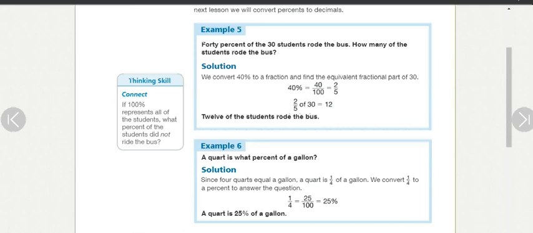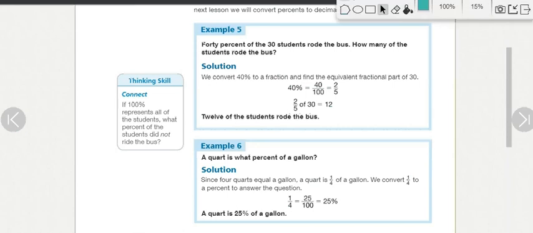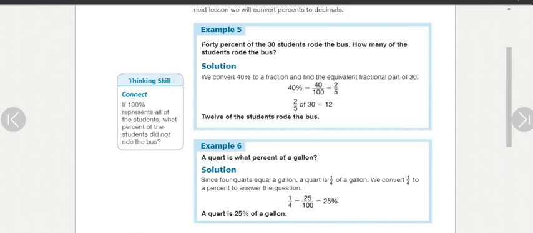Okay, we can apply this to word problems such as: 40% of the 30 students rode the bus. How many students is that? Convert 40% to a fraction, 40 over 100. Reduce that to 2/5. 2/5 is the lowest terms version of 40%.